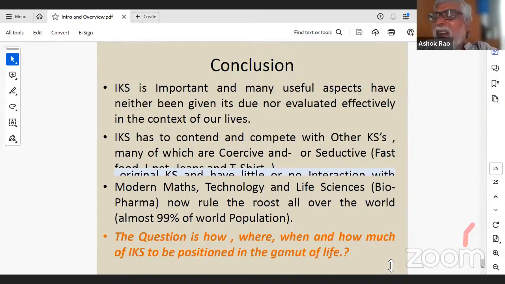Feel free, related or unrelated. I can respond in English and Hindi if people have difficulty.